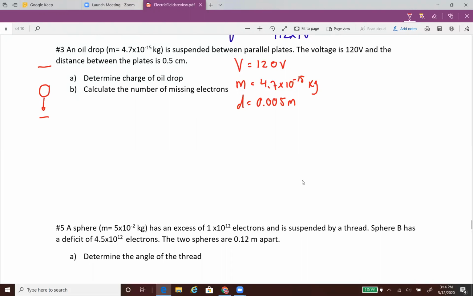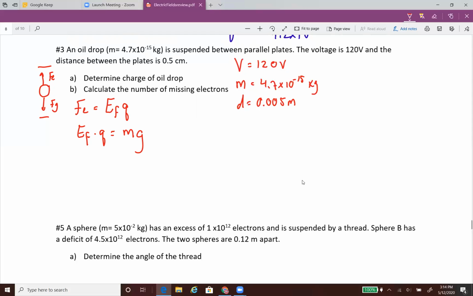If the oil drop is suspended, that means these two forces are balanced. Gravity is trying to pull it down, but there must be some electric force pulling up so that these two are equal. The electric force can be calculated as the electric field times the charge, so the electric field times the charge equals the mass times g.